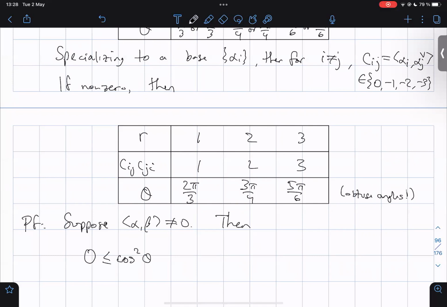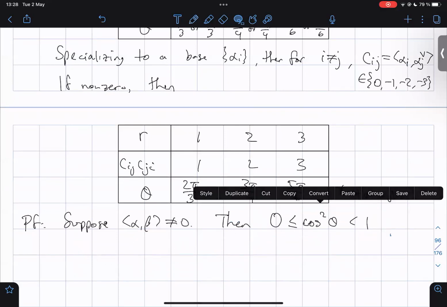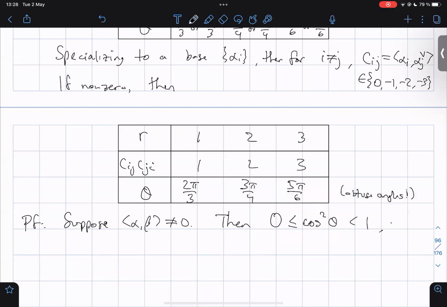theta, let's shove it into cos squared. Okay, actually, let's put that up here. You're not 90 degrees, so therefore the cos squared is not 1.